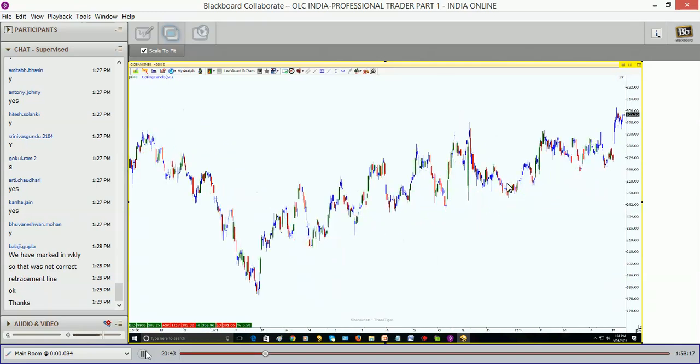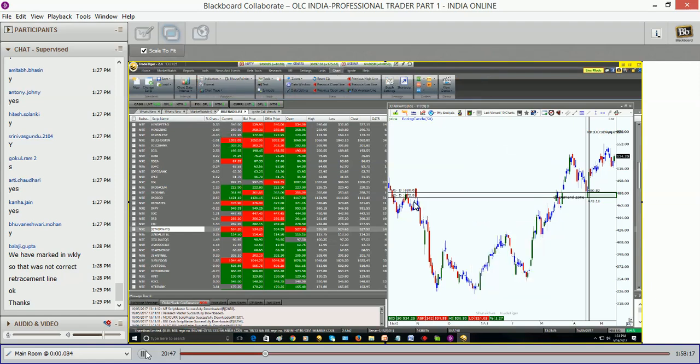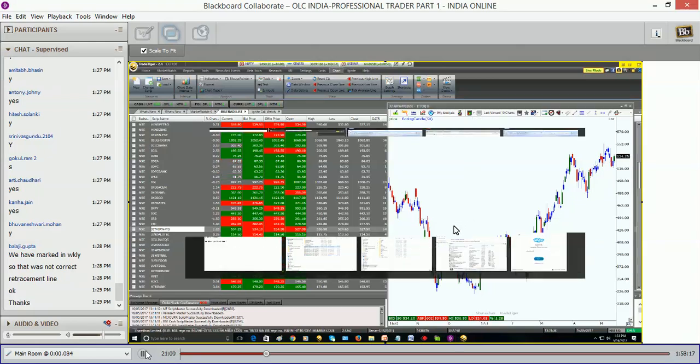I'm trying to find just basic vanilla levels where I can show you guys where we can take an entry. But since all the levels are close to all-time high or near all-time high, I think I'll have to go ahead and teach you the other concept, friends.